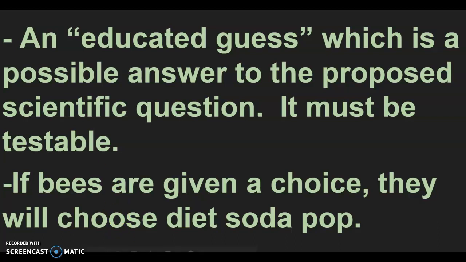The way that I presented this to you in your pretest is, if bees are given a choice, they're going to choose the diet. That's what I think, based upon my past experience: if we give them a choice, they're going to go for the diet. Now, your hypothesis doesn't have to be an if-then statement, but it just might be.